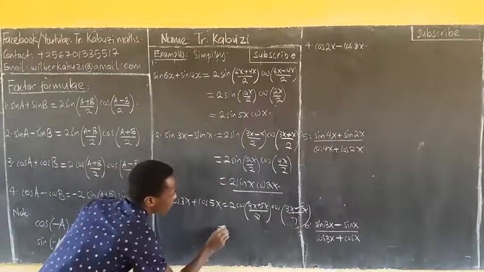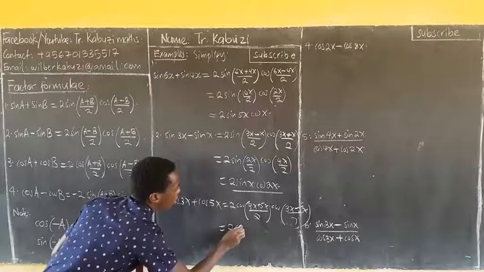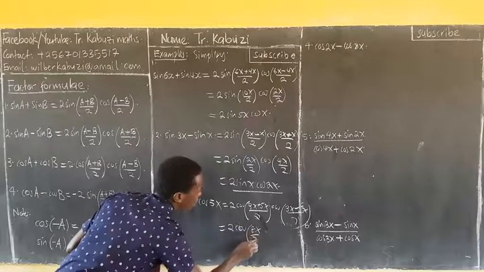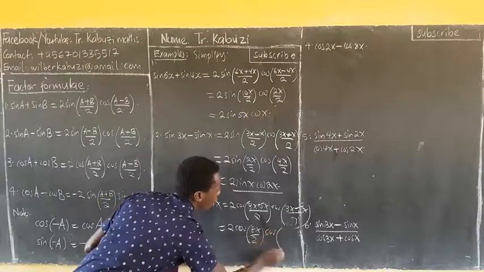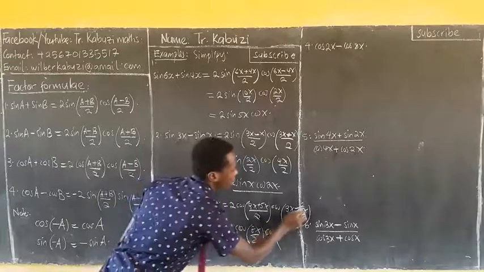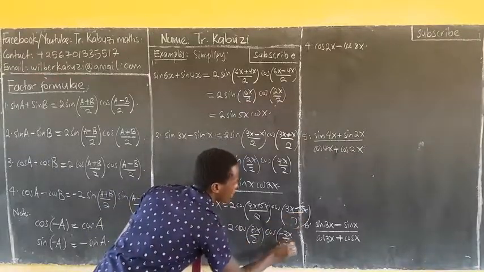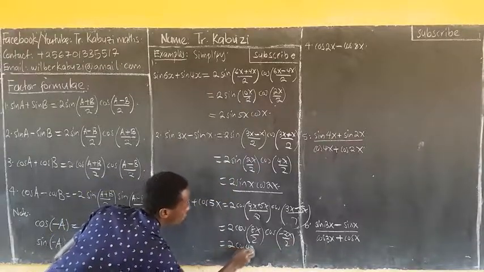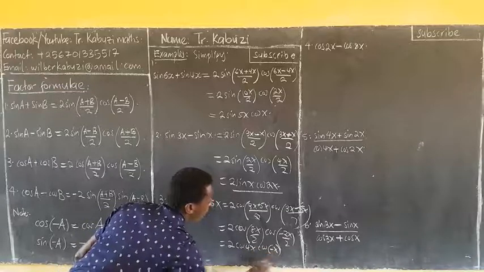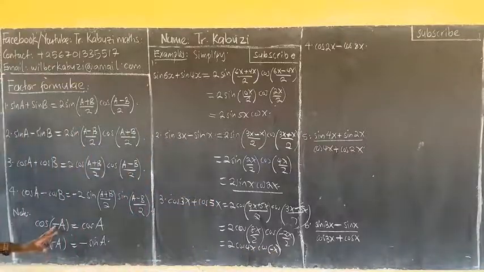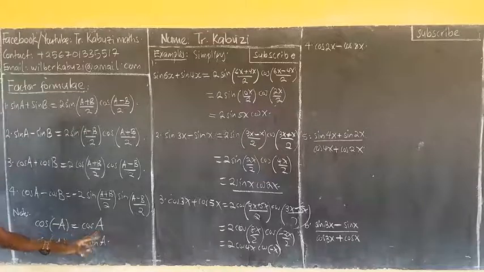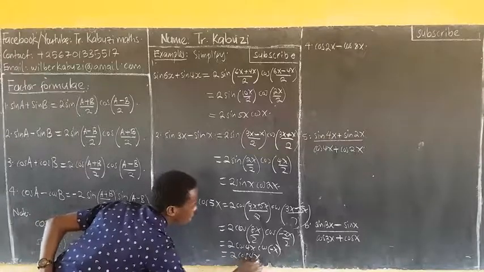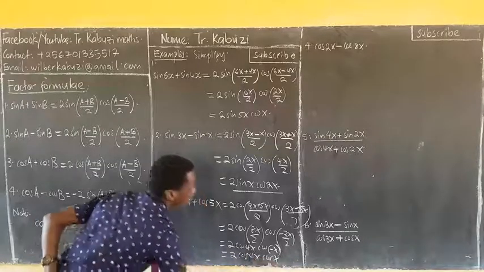We have 2 cos of (3 plus 5), that's 8x divided by 2, then cos of 3x minus 5x, which gives negative 2x over 2. So we have 2 cos 4x, then cos of negative x. But cos of a negative is the same as cos of a positive, so this gives us 2 cos 4x cos x.